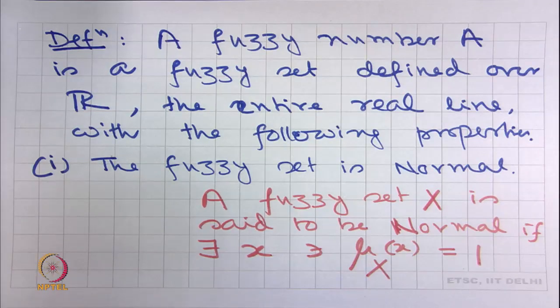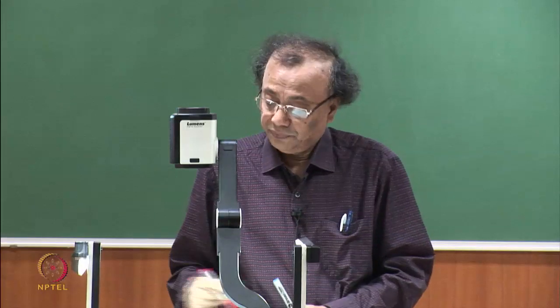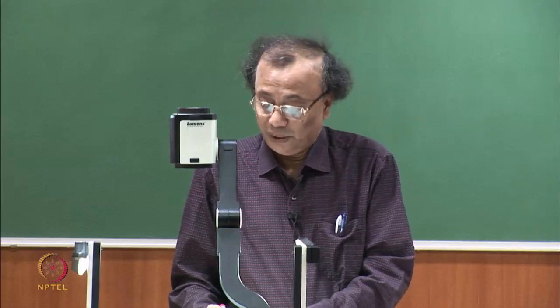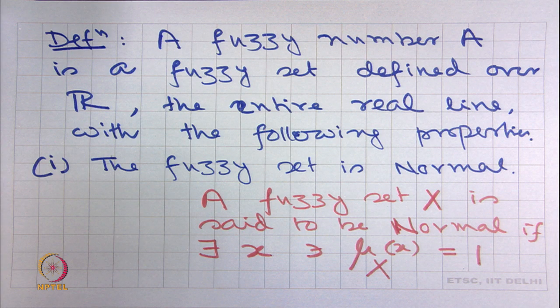That means there has to be at least one real number whose membership to the set is 1, or it has a full membership to the fuzzy set X.